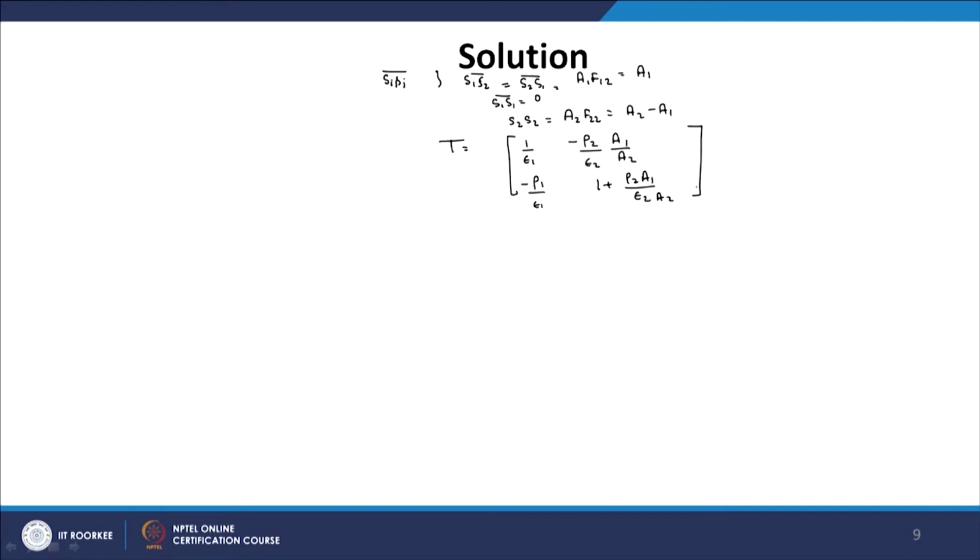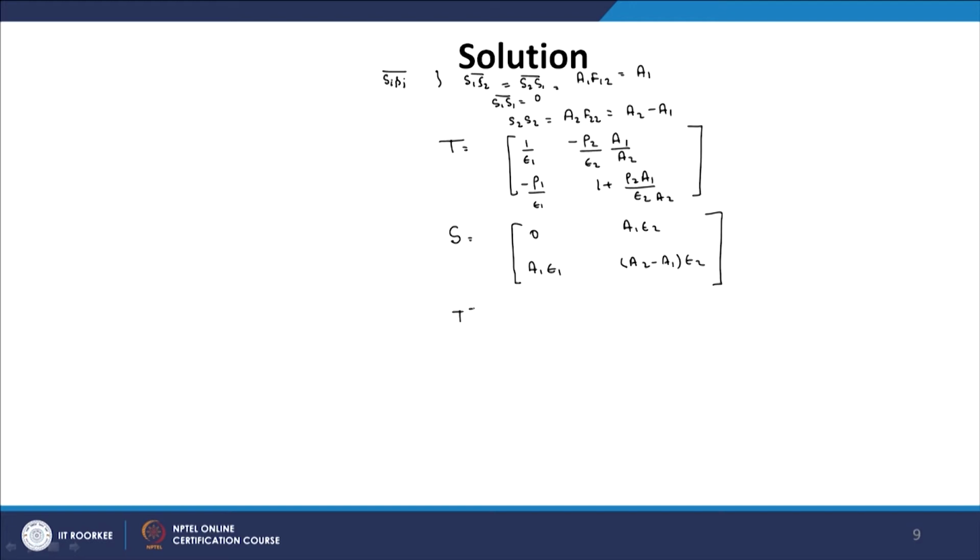This is the T matrix, and similarly we have matrix S as [0, A1 epsilon 2; A1 epsilon 1, (A2 minus A1) epsilon 2]. Now we have to find out the total exchange areas.